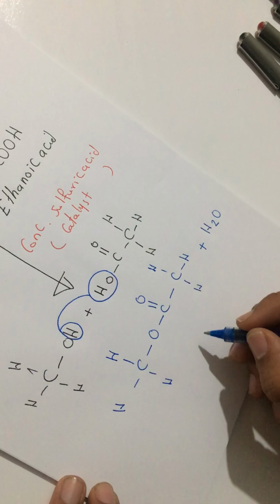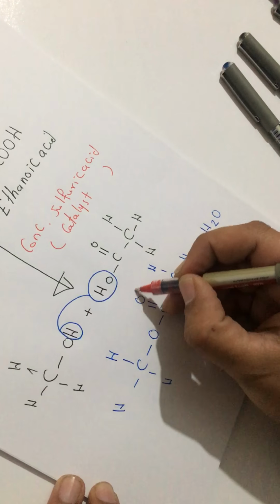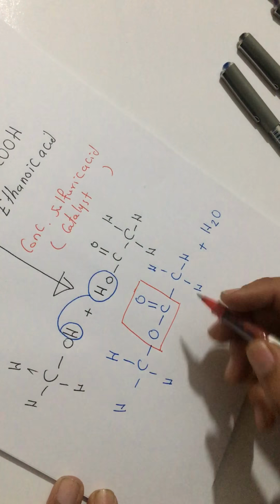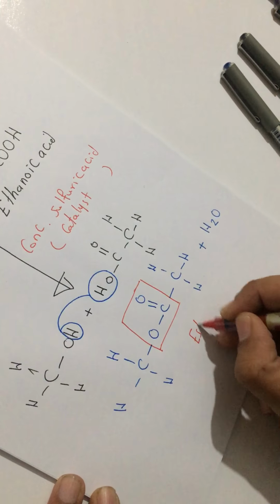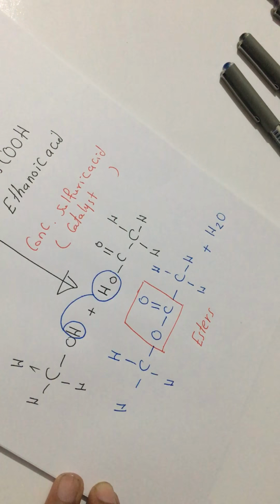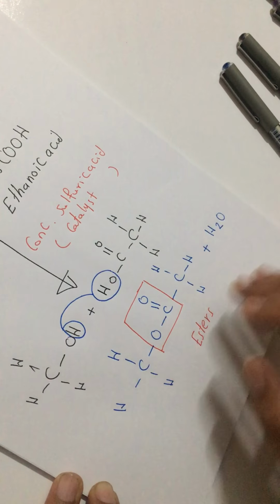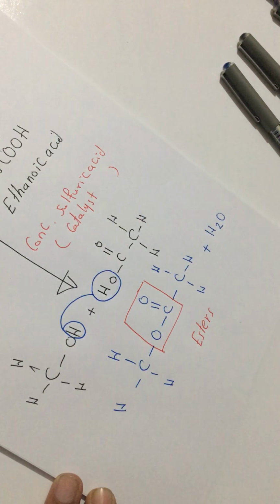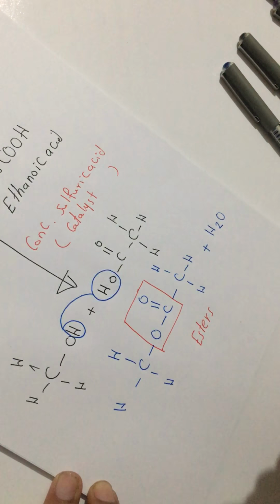So this type of compounds that contain the functional group C double bond O is called esters. So in this case, this compound belongs to esters. And for the name of the compound, we have two ways to name it.